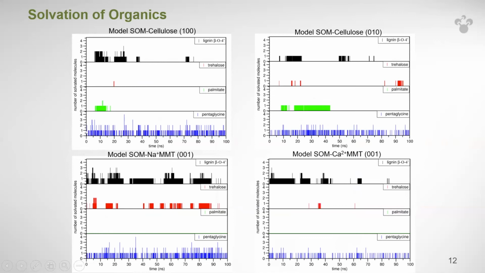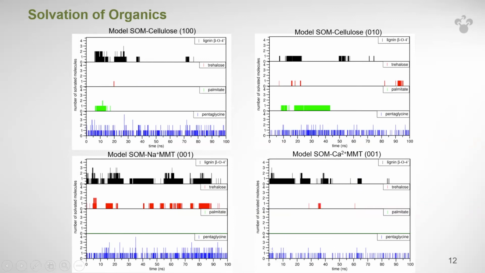So this is just showing the frequency of solvating each one of these organic components. And I'll just go through the peptide one here and look at the sodium montmorillonite. And what you see is that it's quite frequent that you have the peptide solvating.